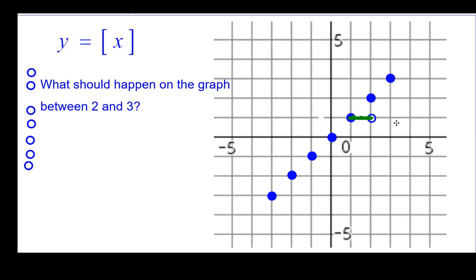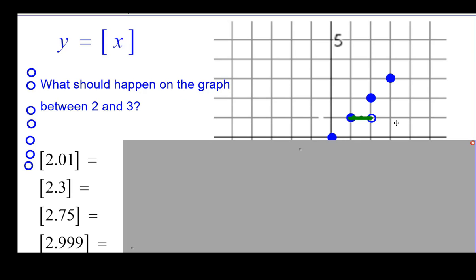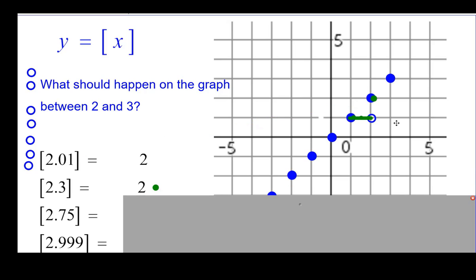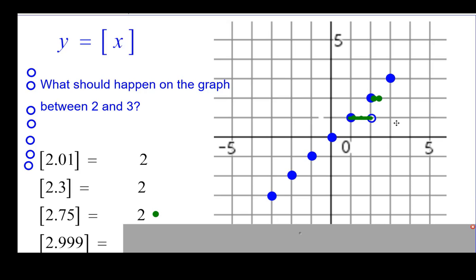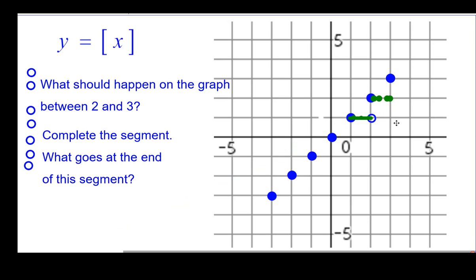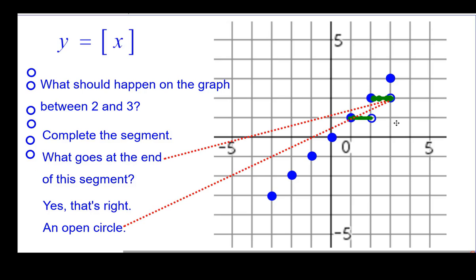All right, between 2 and 3, well, 2.01 is 2, so we should plot over 2.01, up 2. 2.3, also 2. 2.75, also 2. 2.999, also 2. So we can complete the segment, but what goes at the end of it? Another open circle, because we jump up to 3.